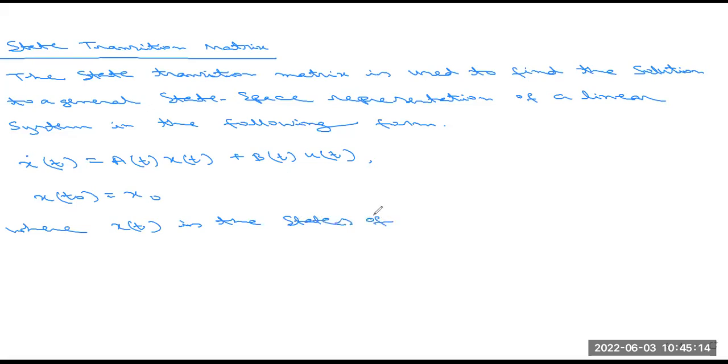That we have broadly discussed in our previous classes: what is state variable, what is state vector, what is state matrix, and what are state space equations. So now this x of t is basically the different states of the system.